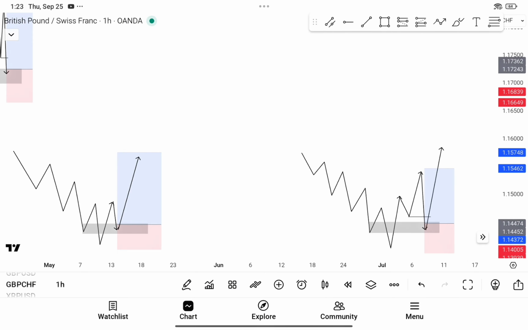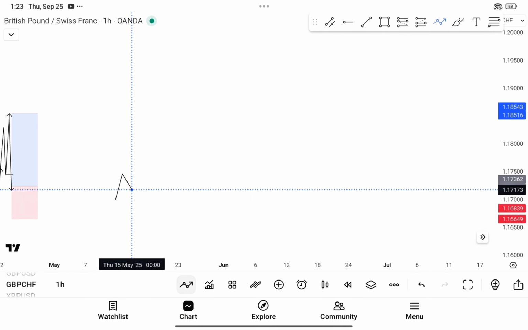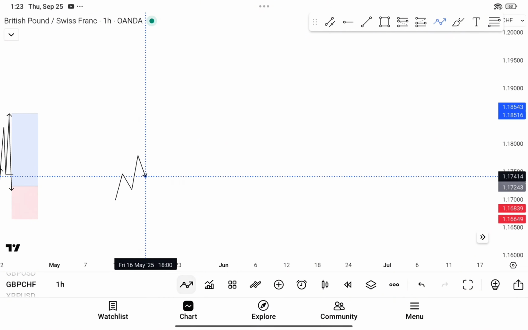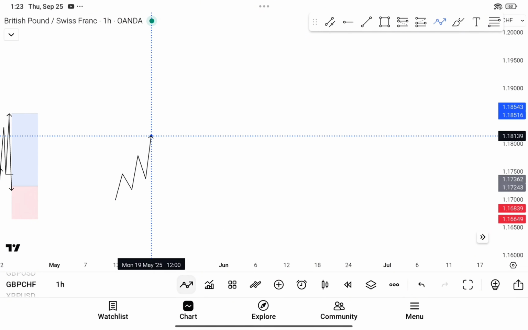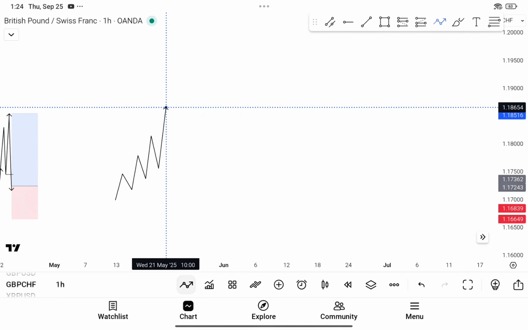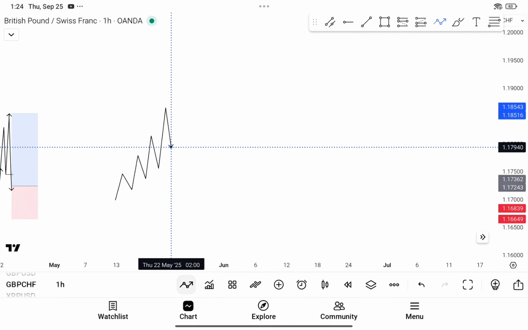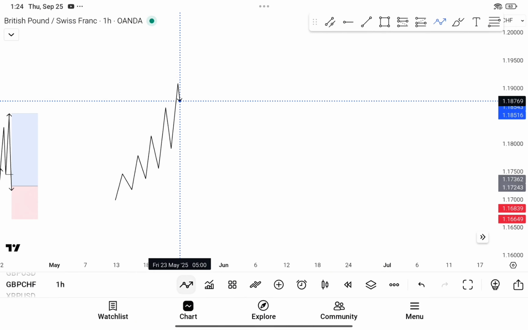Let's take a look at another example. For instance, we have an impulsive move to the upside, creating a higher high and lower high, just like this. You understand?